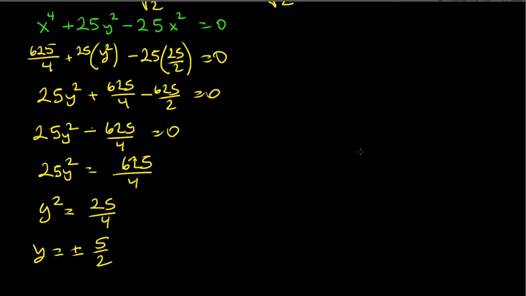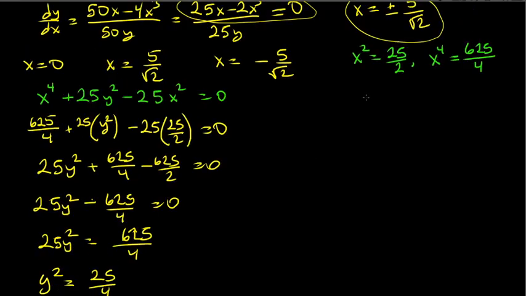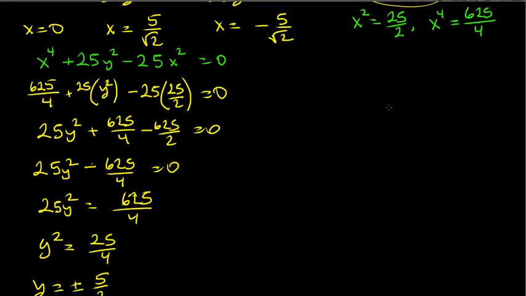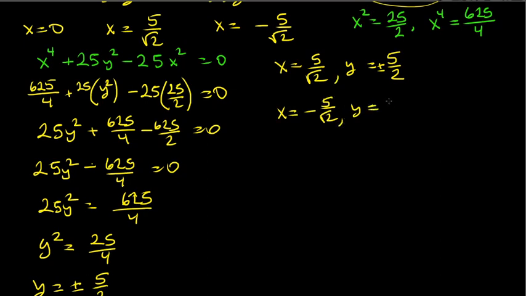2. Okay, so when x is positive 5 over root 2, y will be plus or minus 5 over root 2, and when x is negative 5 over root 2, y will also be plus or minus 5 over root 2.